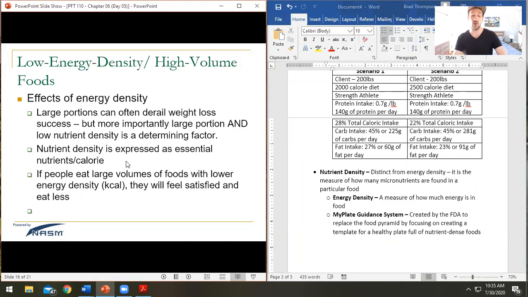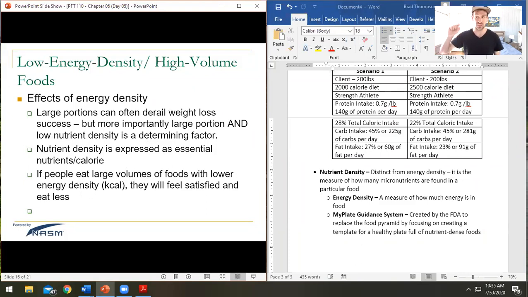So again, rather than consuming large volumes of energy dense food, we generally want to focus on lower volumes of it when we are trying to adhere to smaller weight loss programs.